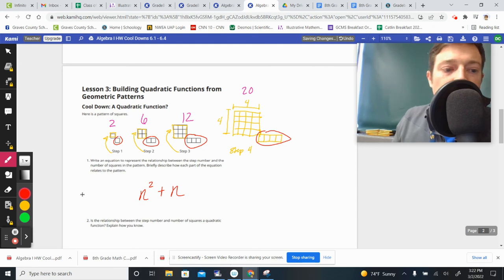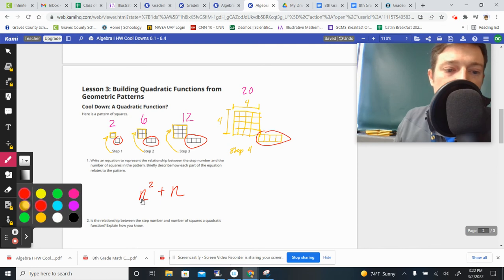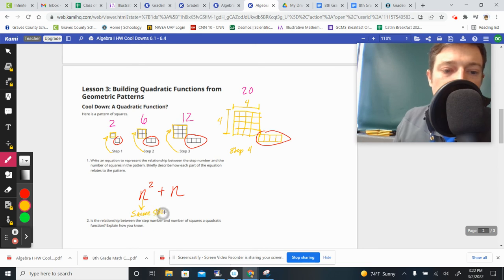All right. And when we talk about how this briefly relates to the pattern, what we can say is this part right here relates to the square side length, like the side length of the square. And this right here relates to the length of the row that's being tacked on, which is also the step number, which is why we're also calling it n.